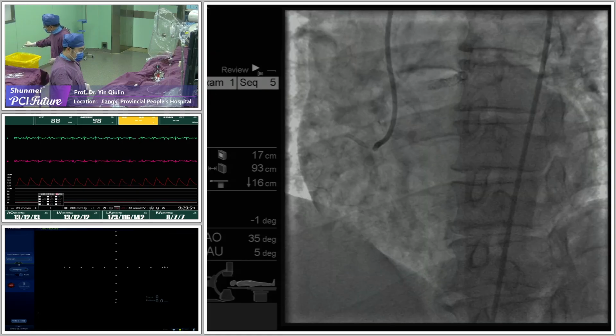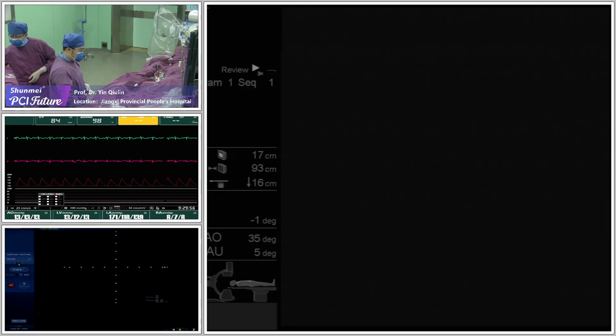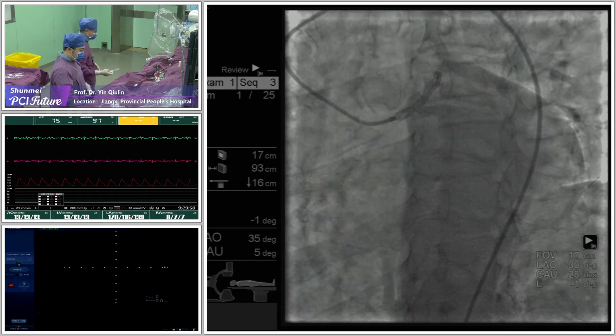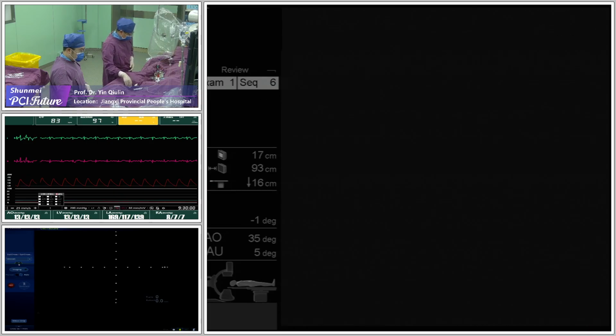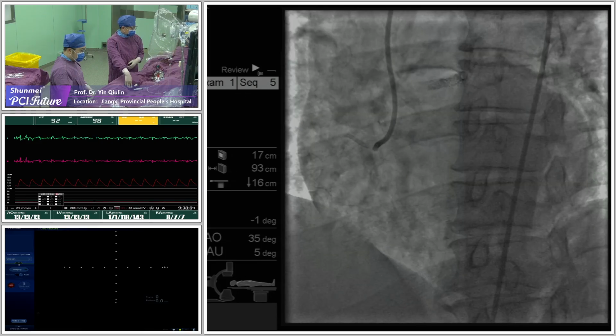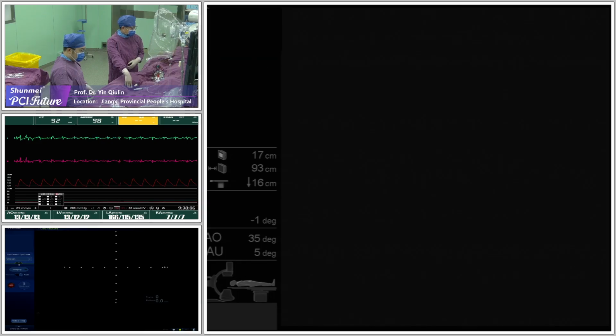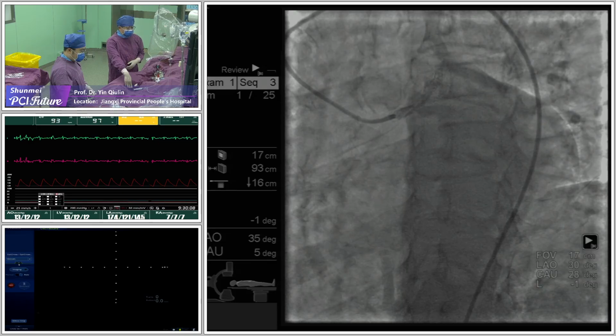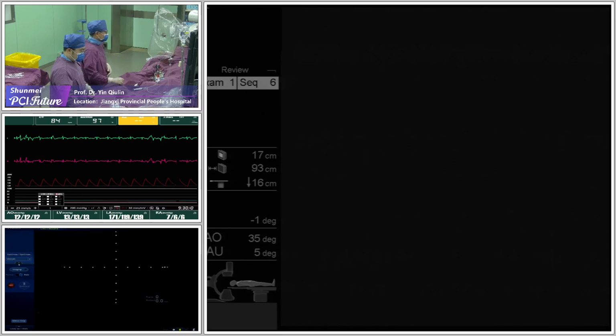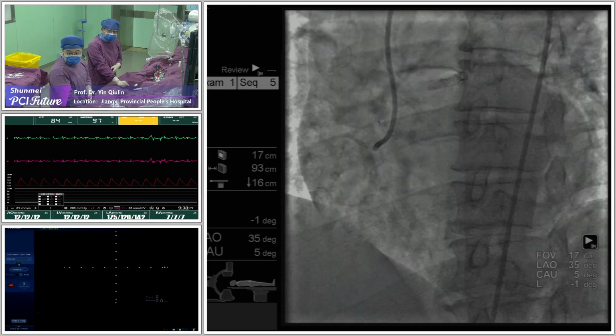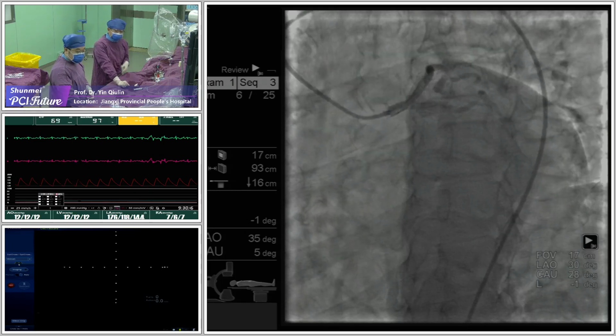The wire needs to have some resistance, some constriction inside the CTO body, because here you are so free, and you see sometimes the wire is buckling like a knuckle, so it means that there is some space, so you can't be inside the stent from the start. So just be careful about that.